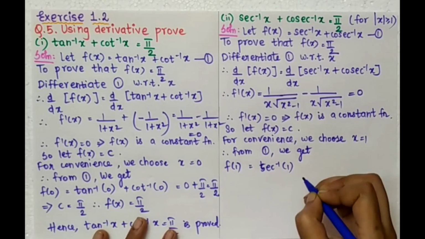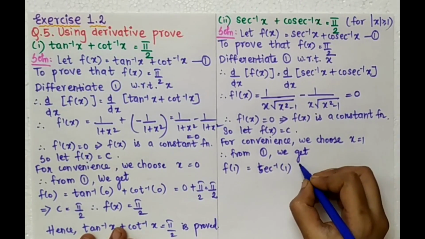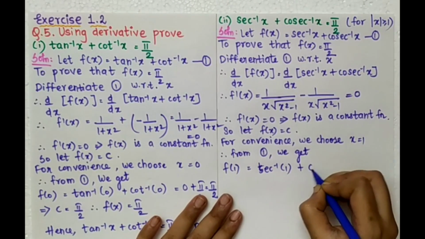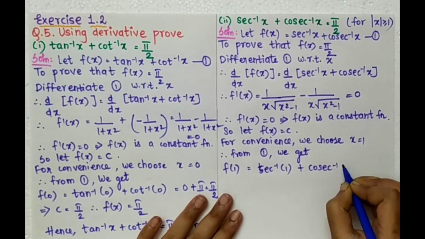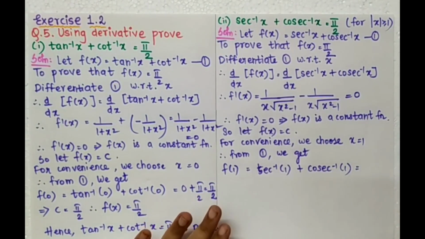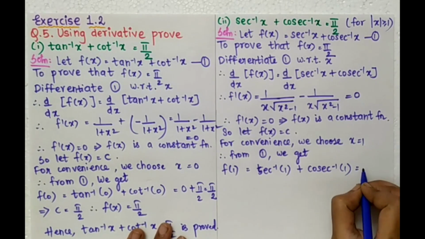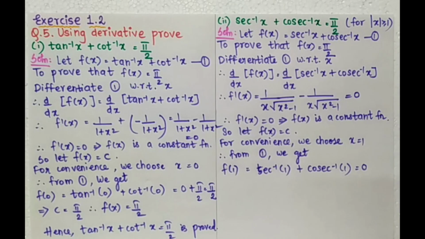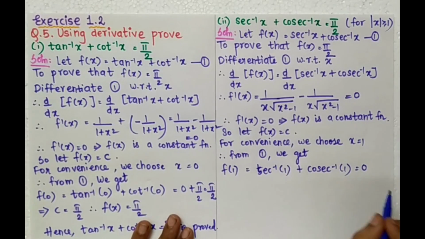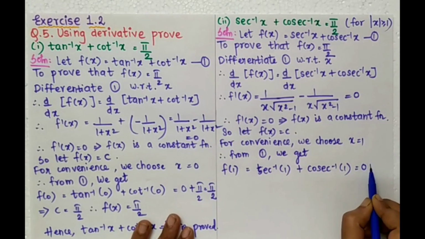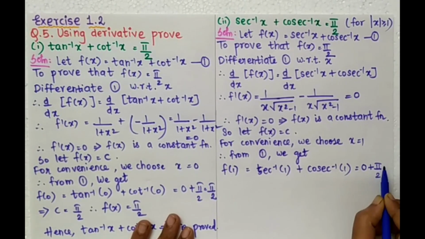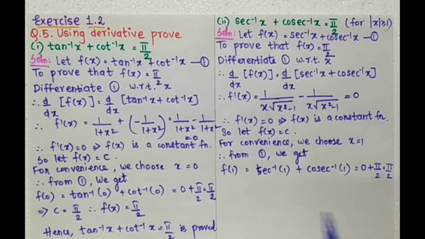sec inverse of 1 plus cosec inverse of 1. Sec inverse of 1 is 0, since sec 0 gives the answer 1, and cosec inverse of 1 is pi by 2, since cosec pi by 2 gives the answer 1. So the sum is pi by 2.